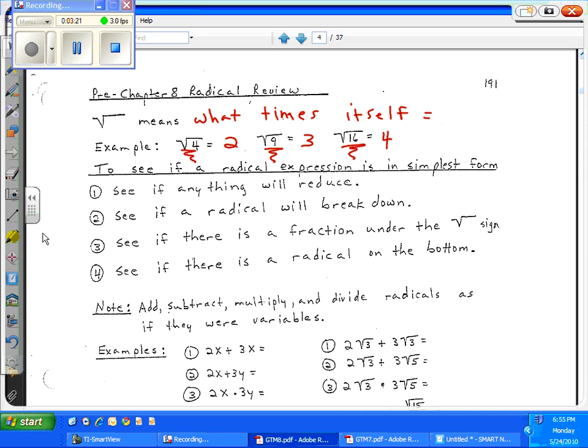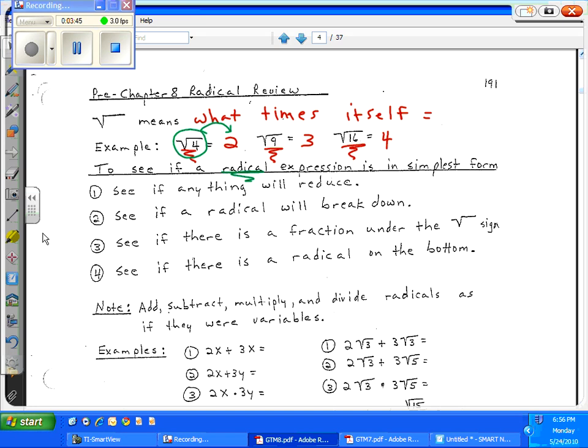Sometimes when we have a radical, that's a square root situation, that radical simplifies into a whole number, and so the radical's gone. But sometimes the radical doesn't disappear, and so we need to know how to simplify those, just like we would learn how to simplify fractions like a third or a fourth or a fifth.